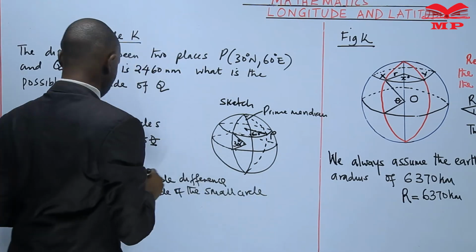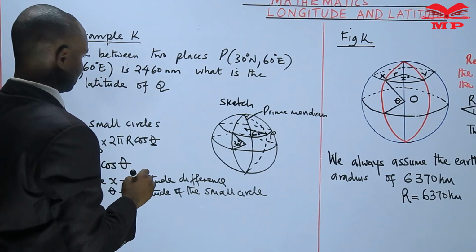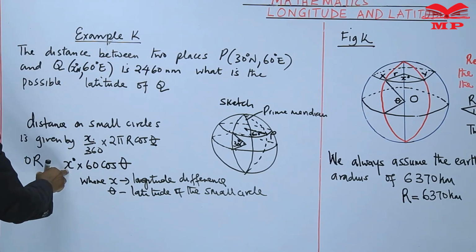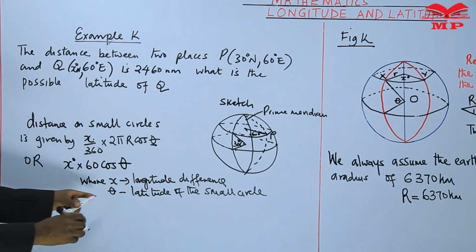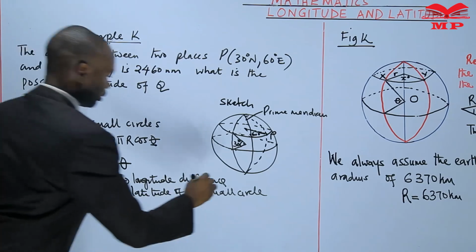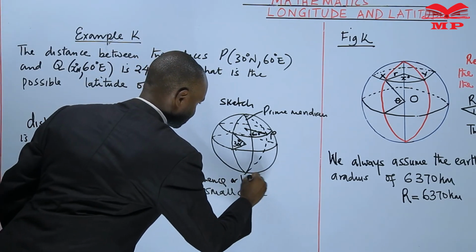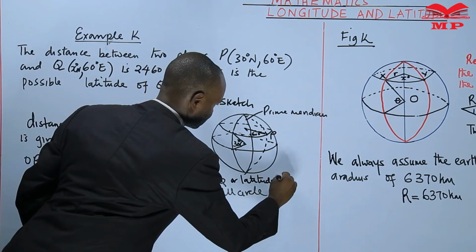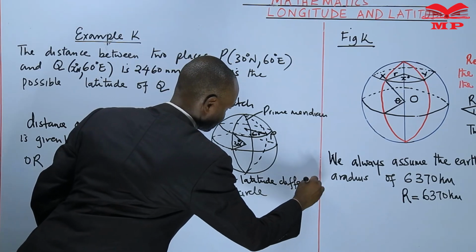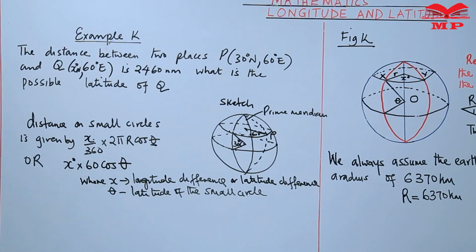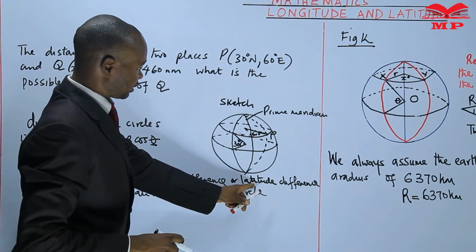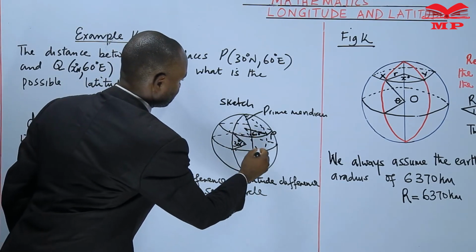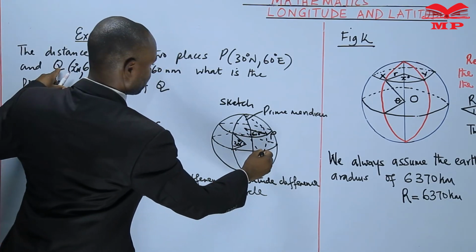Having been given that, this x can also be a latitude difference, depending on where you are calculating. So the value of Q is not known.